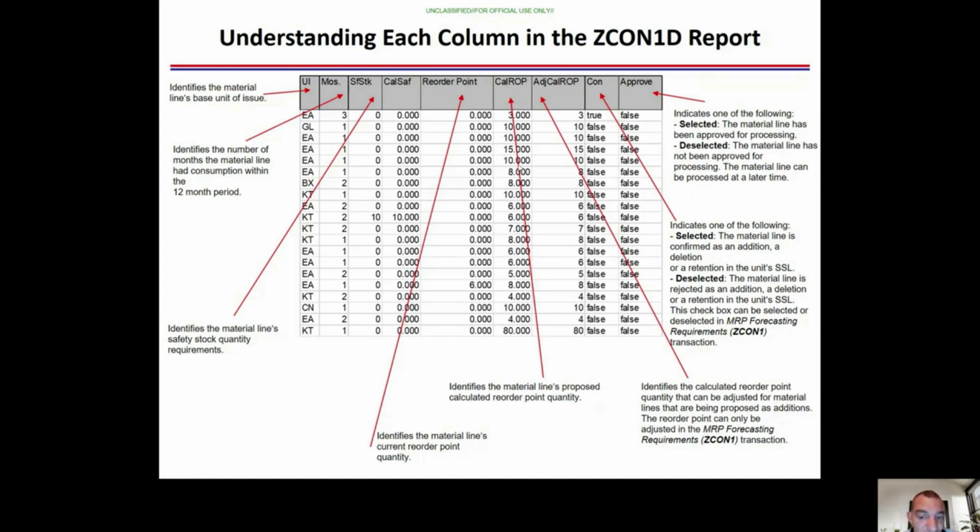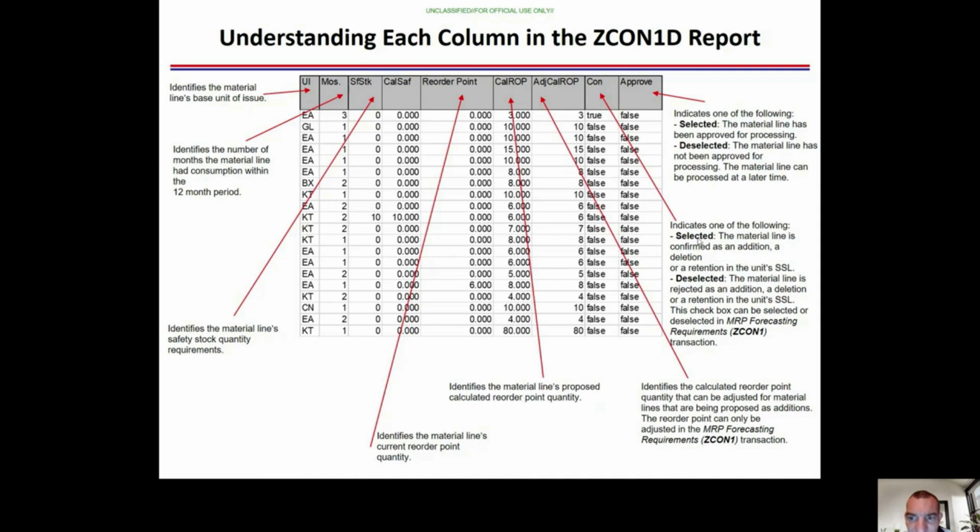Your calculated reorder point quantity is here, okay? This identifies what they are proposing that you have your reorder point set at. Adjusted calculated reorder point quantities can be adjusted for material lines that are being proposed as additions, okay? The reorder points can only be adjusted to the MRP forecasting requirement, which is your ZCOM 1 transaction. So you have your confirm here.